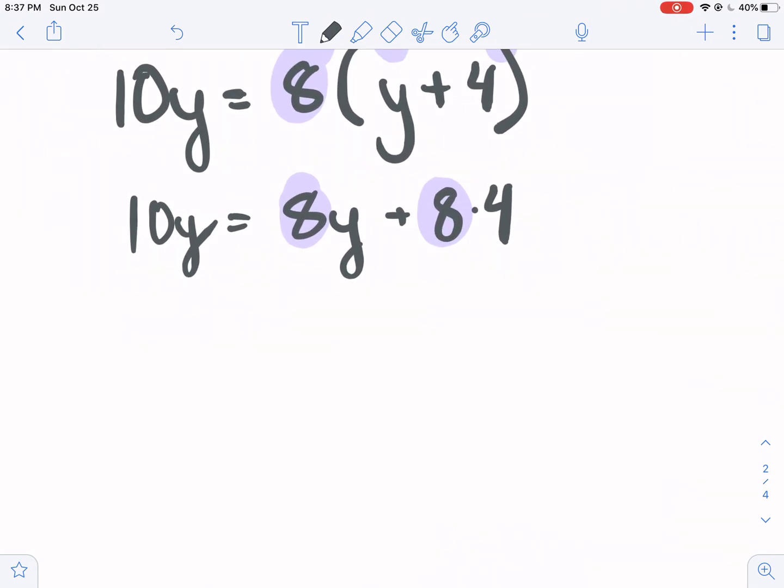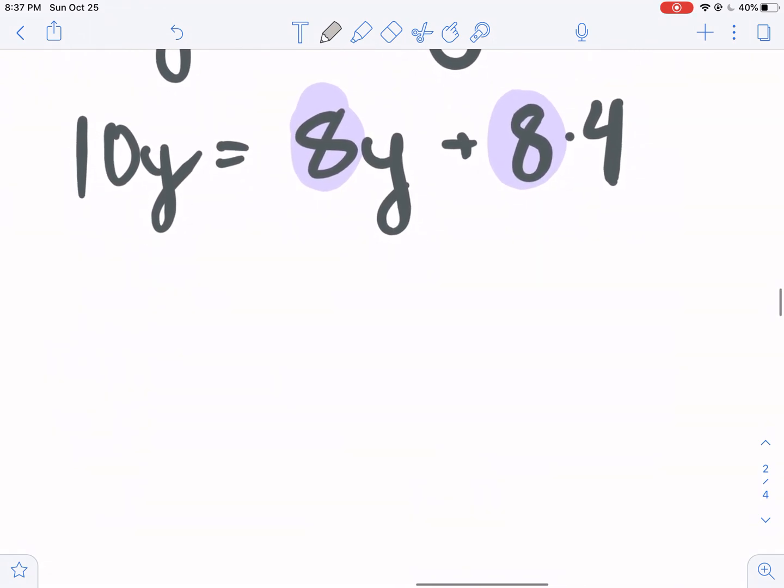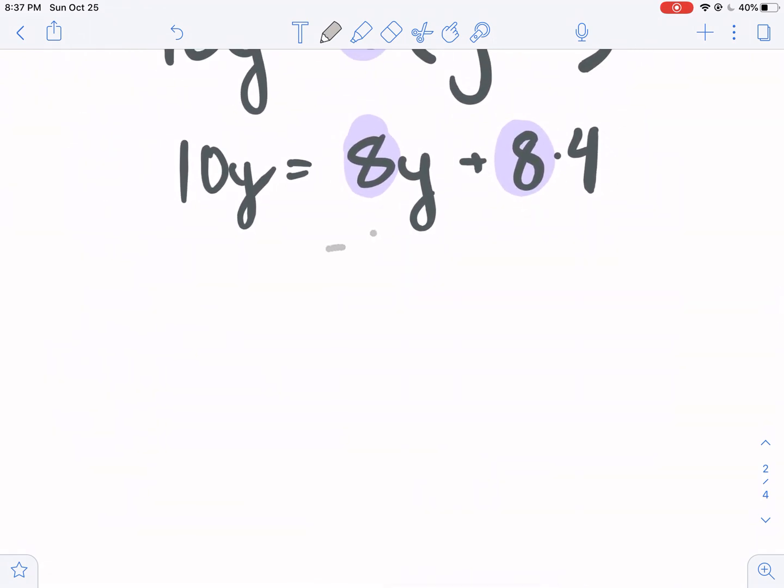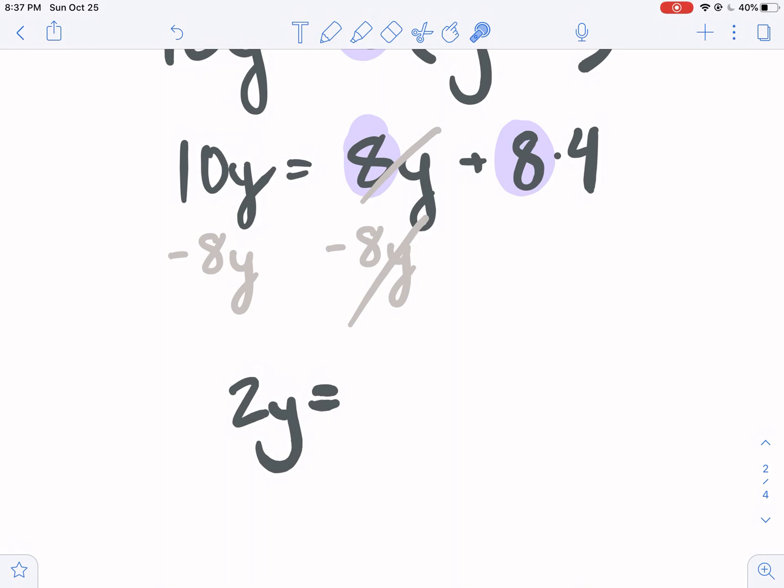Now I'm going to do 2 steps in 1 step, just to save room. So we can subtract 8y from both sides, and these will cancel out. And 10y minus 8y is 2y. And then the second step in the same step, 8 times 4 is 32. So we get 2y equals 32.